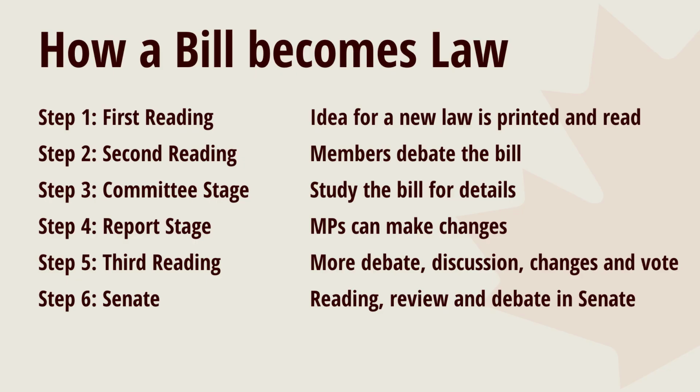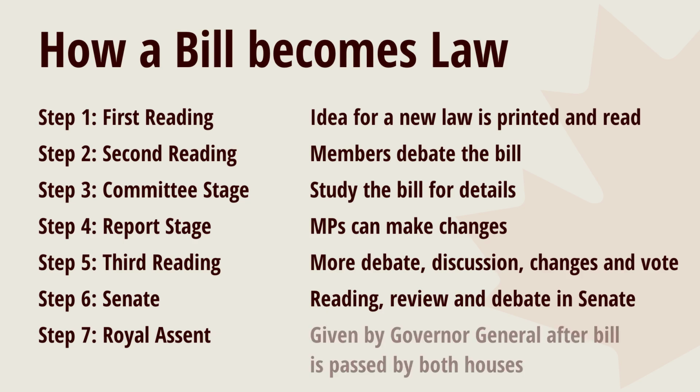If the bill passes through the votes of both the House of Commons and the Senate, it must go through the final step, step 7. This step is called royal assent, and it is given by the Governor-General. So this is how, at the federal level, bills become laws.